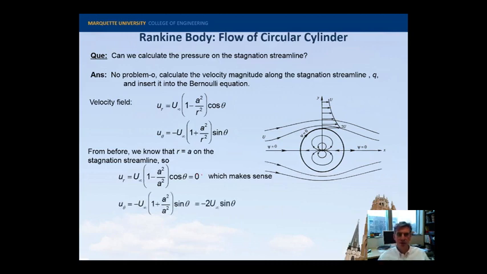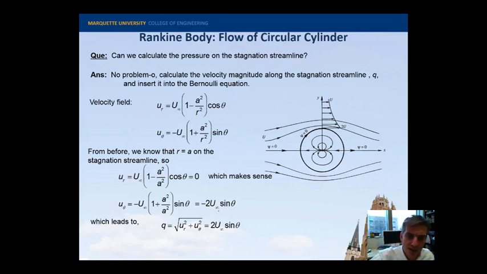So let's put in our definition for u of theta, for the cylinder. 1 plus a squared over a squared, that's 2. So we get sine theta times 2 minus 2U infinity, so there it is. And then I can solve for the velocity magnitude q by taking the vector sum of u of r and u of theta.